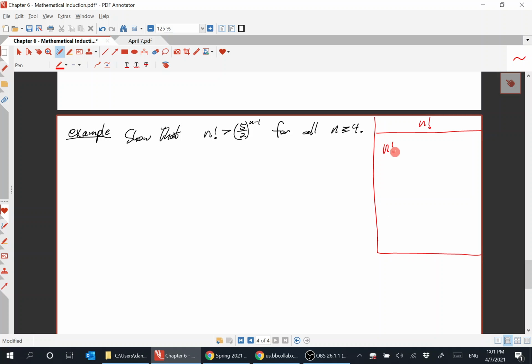Remember, n factorial is equal to n times n minus 1 times n minus 2 times ... 3 times 2 times 1. So therefore, n plus 1 factorial is equal to n plus 1 times n times n minus 1 ... 3, 2, 1.